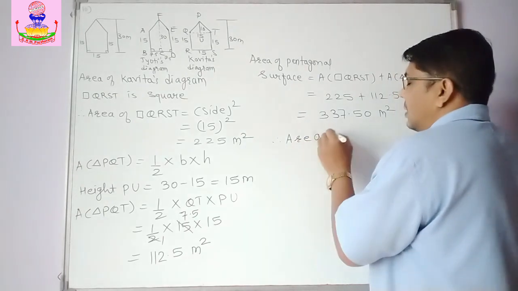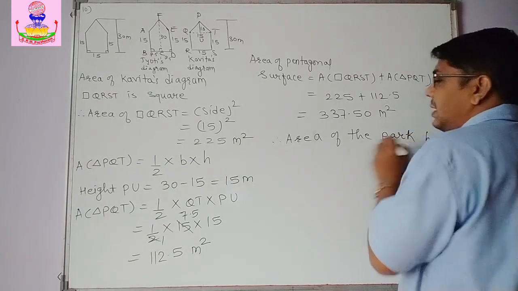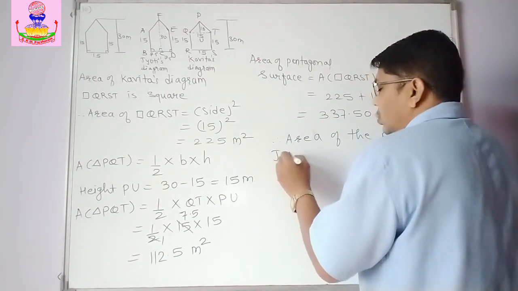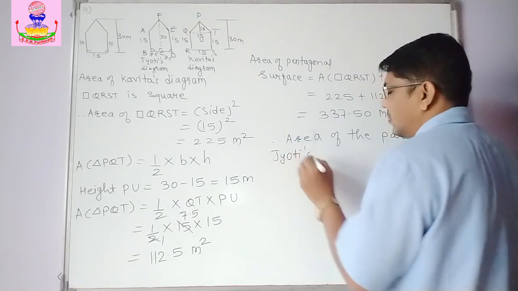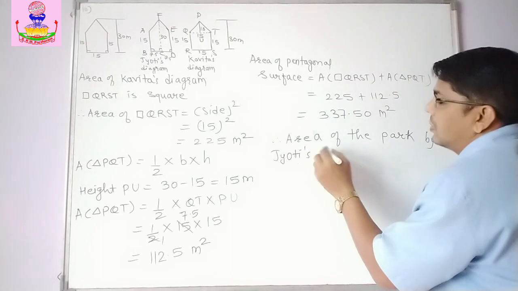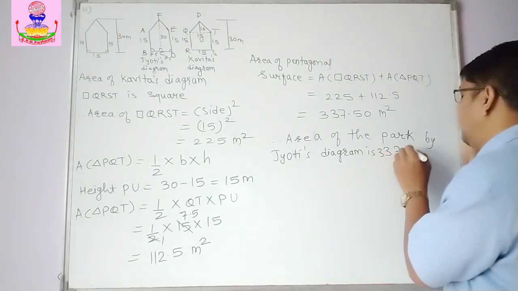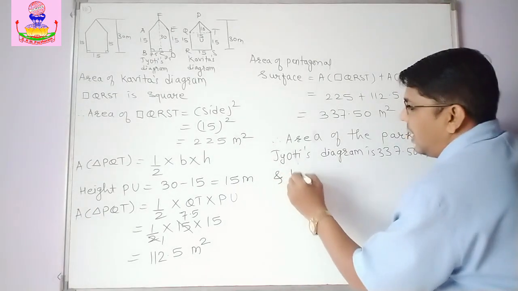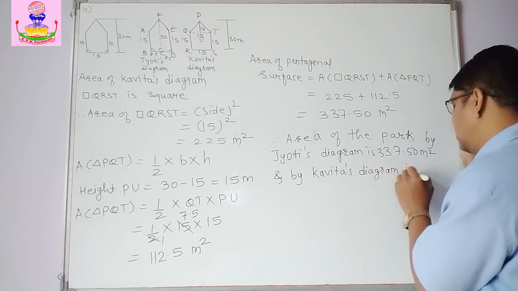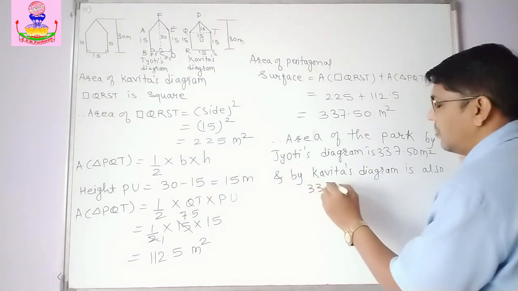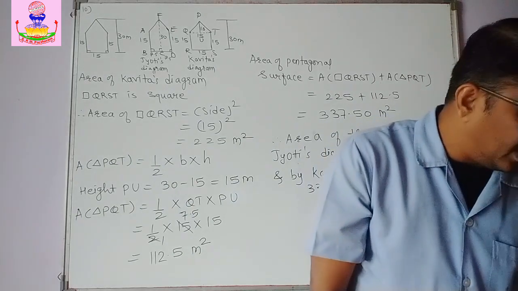Therefore, the area of the park by Jyoti's diagram is 337.50 meter square, and by Kavita's diagram is also 337.50 meter square.